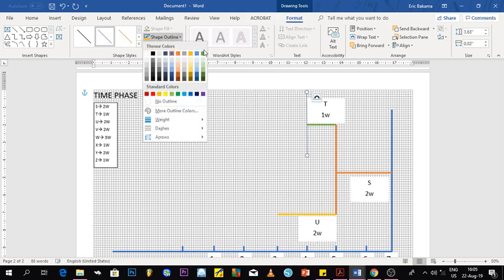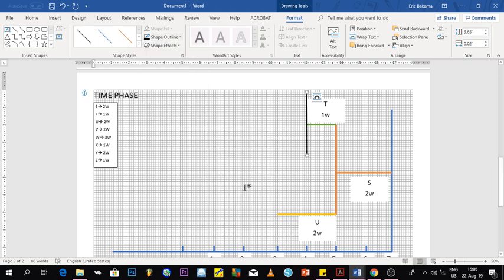Then we will draw the first component. The first component is V, and V has 2 weeks. When you look at the lead time, it is 2 weeks. So remember that we are on 4, so below there will go 4 and 3 here.